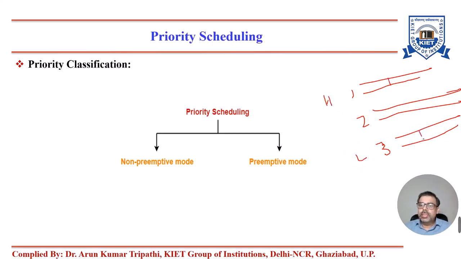In case of non-preemptive, suppose a process X is executing and it takes 6 milliseconds, and after 2 milliseconds a process Y arrives that requires 2 or 10.